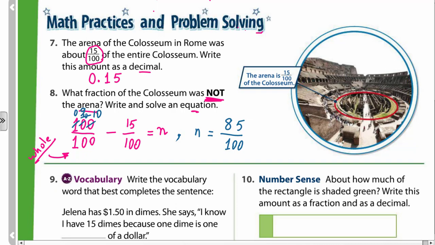Okay. Danielle, one more thing. Can you tell me how to write it as a decimal? This is a fraction. Can we write it as a decimal? Yes, I need to write it as a decimal using the decimal point.